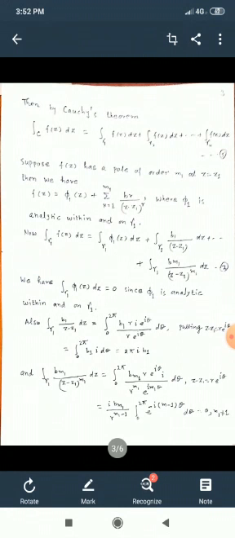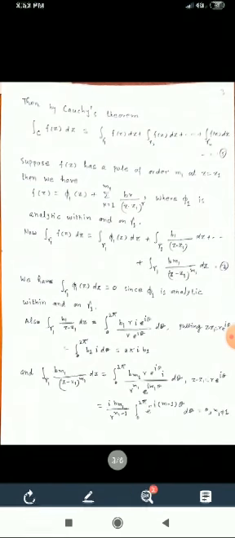And integral over gamma 1 of b_m1 upon (z minus z1) power m1 dz: gamma 1 is a circle, so the limit is 0 to 2 pi. This is integral 0 to 2 pi of b_m1 r e power i theta into i upon r power m1 e power i m1 theta d theta, with z minus z1 equal to r e to the power i theta.